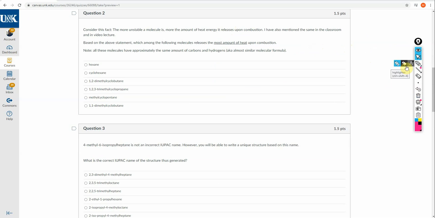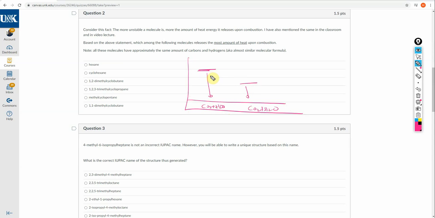So this is a concept that, as I have mentioned in this problem, I have discussed in the classroom. When a molecule is very unstable, say for example you have two molecules, molecule A and molecule B, and they end up both giving the same product, let's say for a product of combustion, it's going to be CO2 plus H2O. The more unstable molecule, which has a higher energy, is the one that is going to give the most amount of energy out.